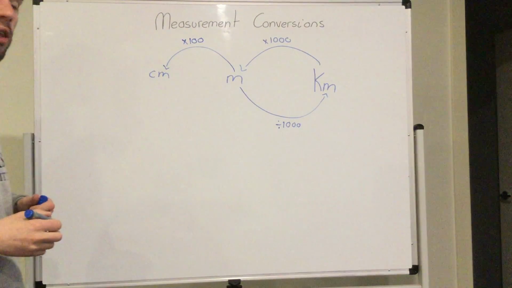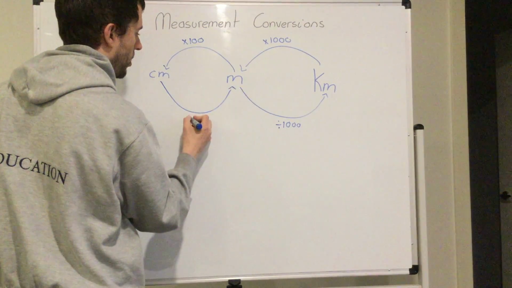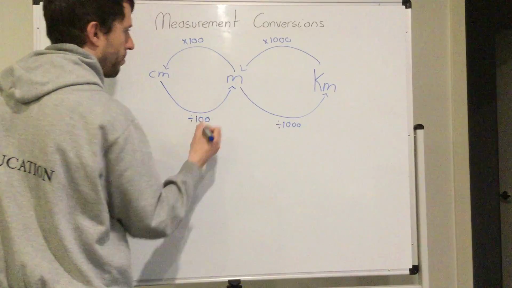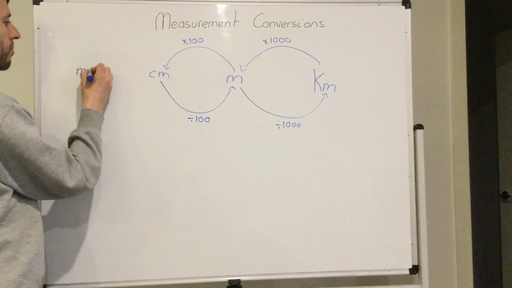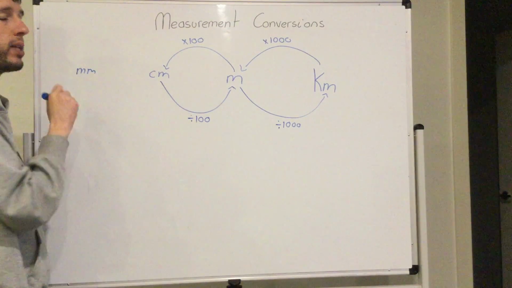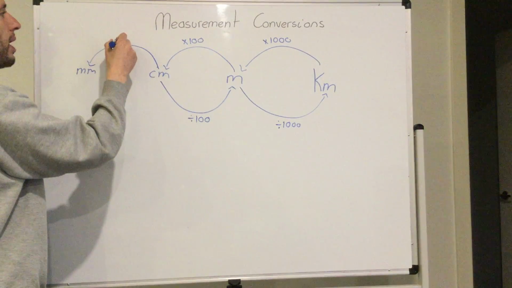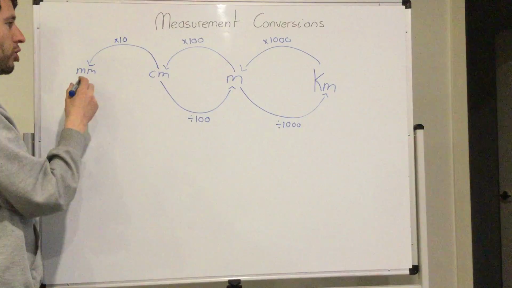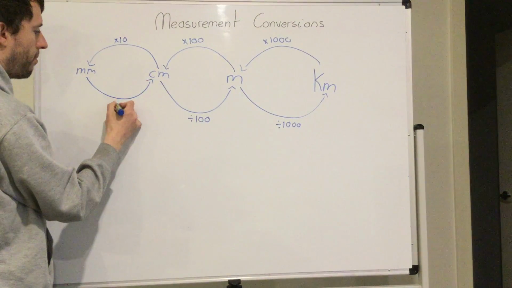Which means to go the other way, we need to divide by 100. And then to get centimeters into millimeters, when there is 10 millimeters in 1 centimeter, which means to change it, we need to times it by 10. To change millimeters into centimeters, we need to divide by 10.